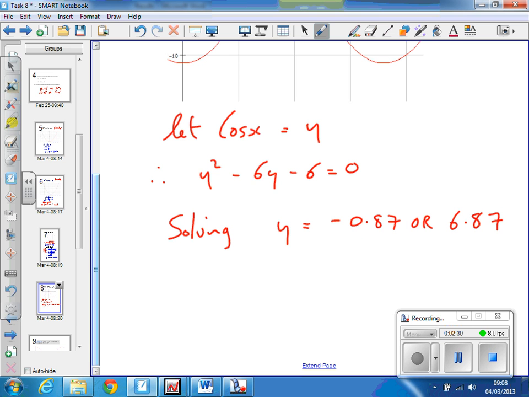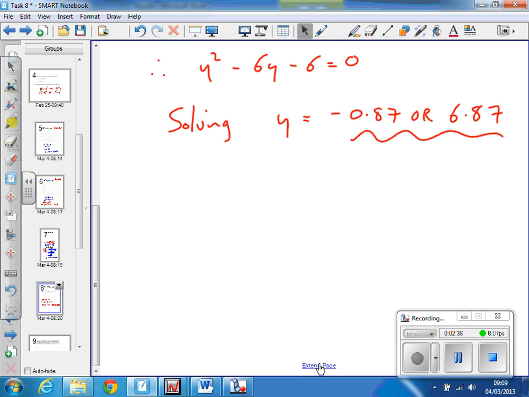So we use the normal method for solving quadratic equations to get y. So y equals, so therefore sine of x equals negative 0.87 or 6.87. Yeah, that's right.